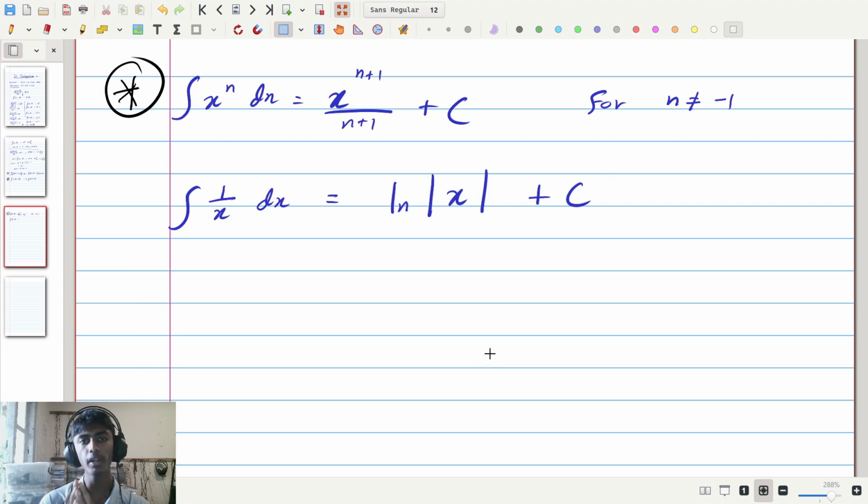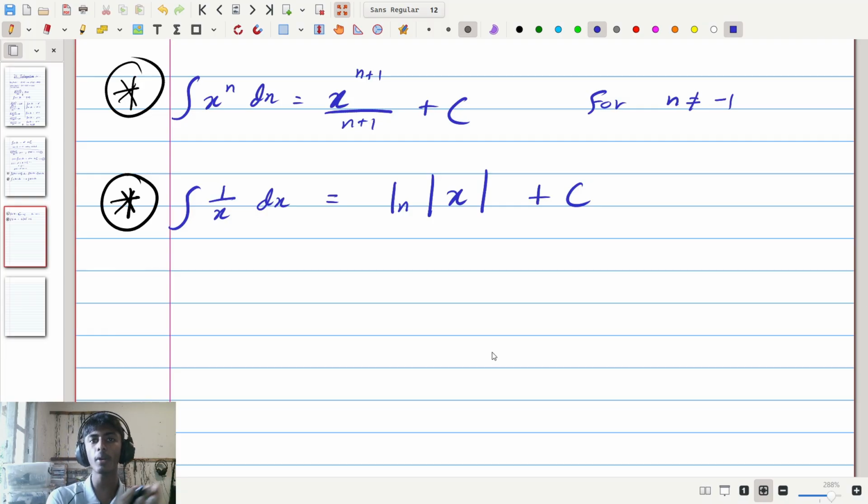Here, the absolute value of x is here to combat the fact that when we have positive x's, we have one result, when we have negative x's, we have one result, but these two results can be written in a common format as the logarithm of the absolute value of x. So therefore, the integral of 1 divided by x dx is equal to the logarithm of the absolute value of x plus c. The reason for the absolute value is that when x is negative, we have one behavior, and when x is positive, we have another behavior.